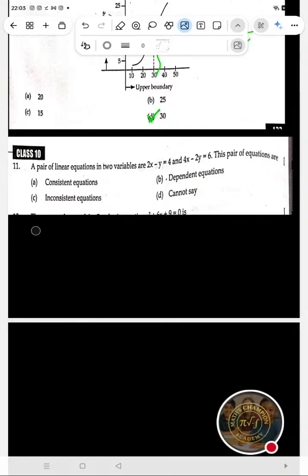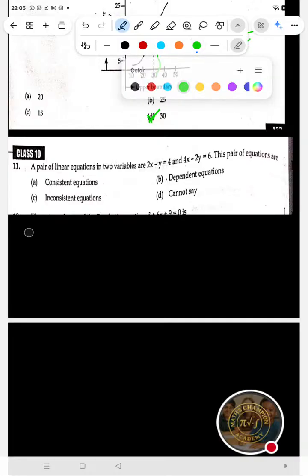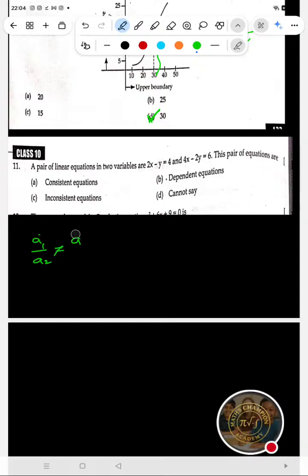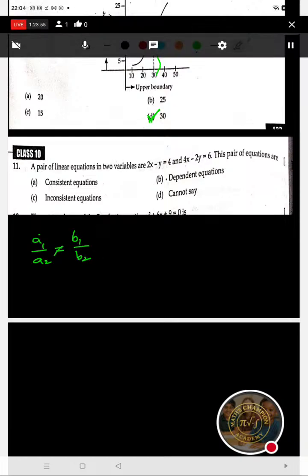We know that a1 by a2 is not equal to b1 by b2 means it is consistent.